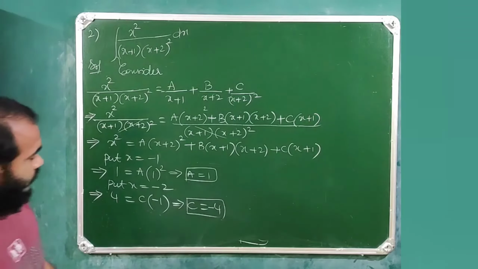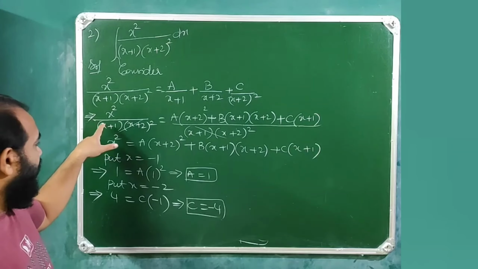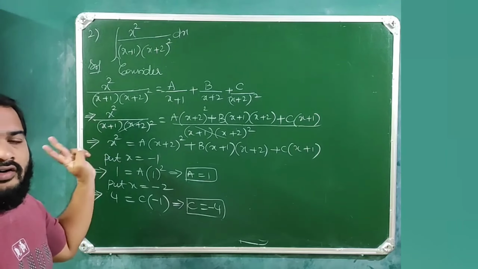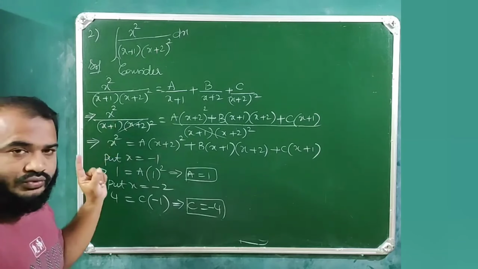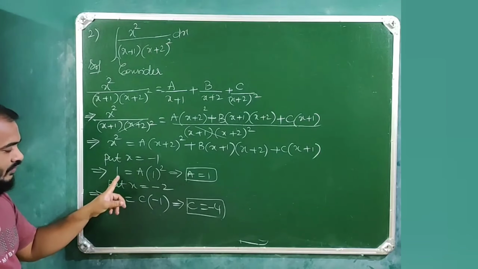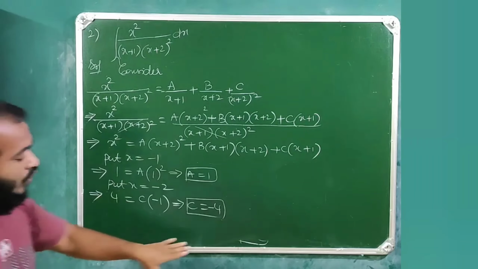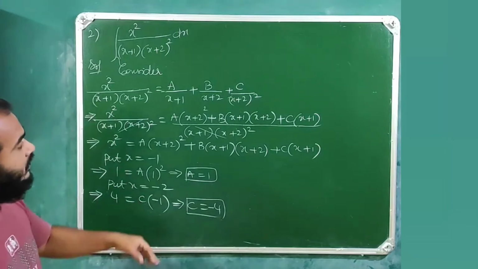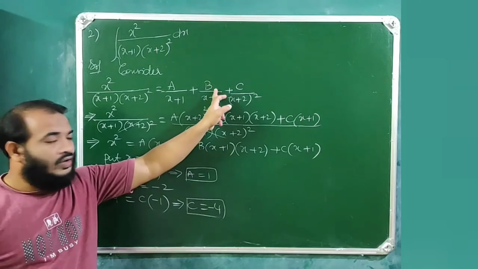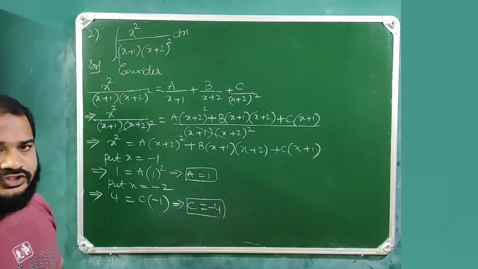Now, since the denominator contains two factors, x plus 1 and x plus 2, we are done with this substitution of x. So, to obtain the third constant, we need to compare the coefficients.